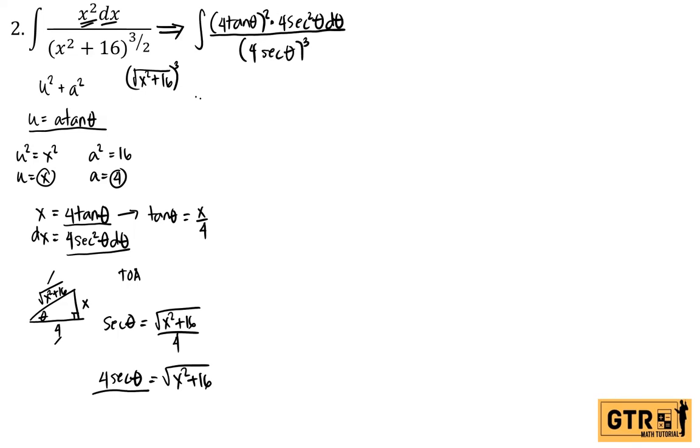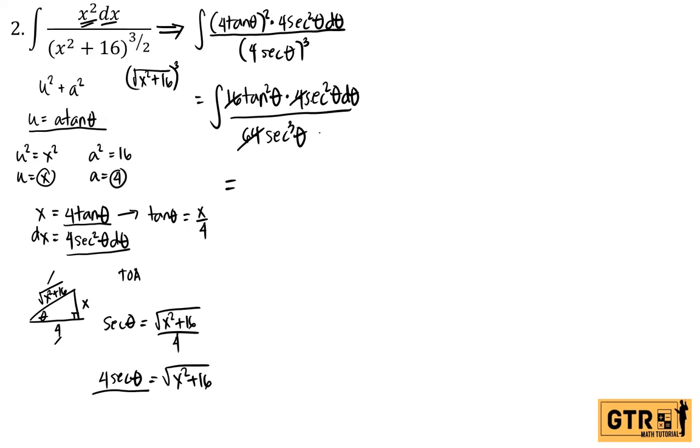Let us simplify first. 4 squared is equal to 16. Then tangent squared theta times 4 secant squared theta d theta, all over 4 cubed, that is 4 times 4 times 4, which is 64, and then secant cubed theta. Simplifying, 16 times 4 is 64, so we can cancel out the numbers.